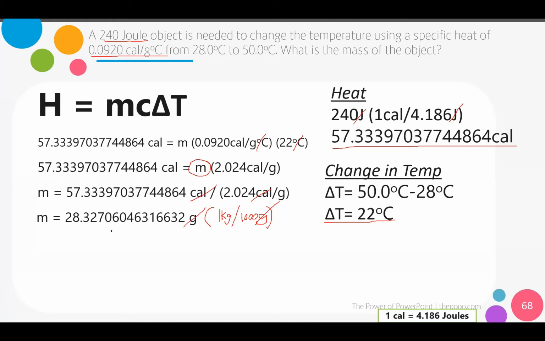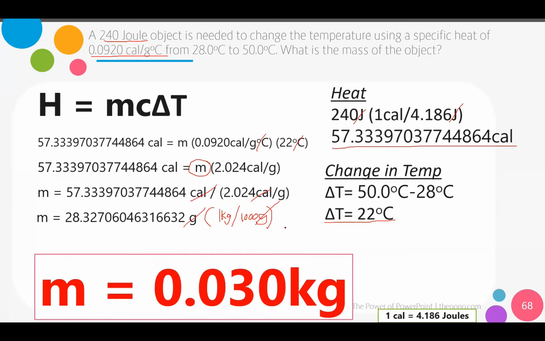Then divide 28 by 1,000, and that is equal to 0.0028. So since the least number of significant figure is 2, we will round this to 2 significant figures, and that is equal to 0.030 kilogram. And that is the mass of the object.